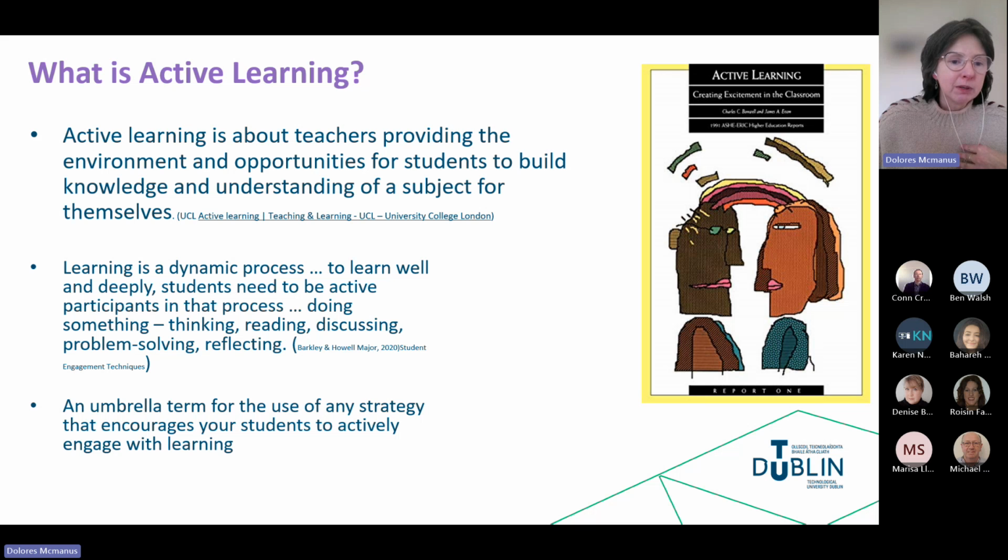And I think that really is the key piece: doing something, thinking, reading, discussing, problem solving, reflecting. Basically, it's an umbrella term for the use of any strategy that encourages your students to actively engage with learning. And the result really is, particularly in the lecture environment, that you are doing less and the students are doing more.